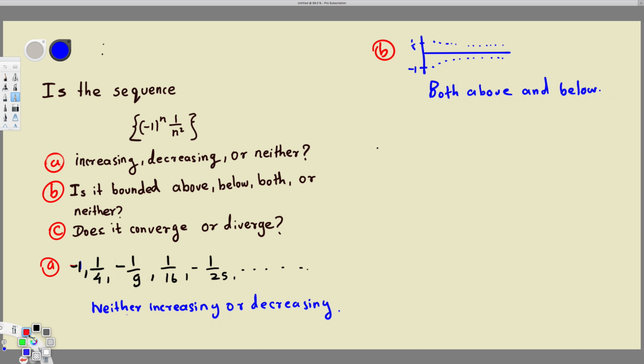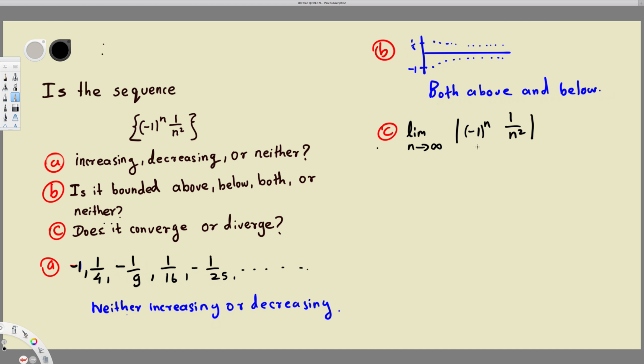So let's look at the third question. They're asking whether it converges or diverges. Since we have a negative right here, we can use the absolute value theorem. So according to the absolute value theorem, we can take the limit as n approaches infinity of the absolute value of (-1)^n · 1/n².